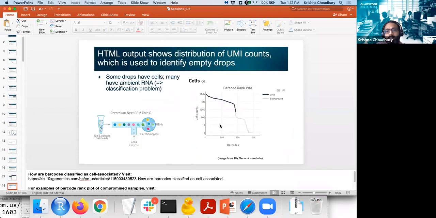We discussed this barcode rank plot, and I showed you how things can look if the data is poor quality.